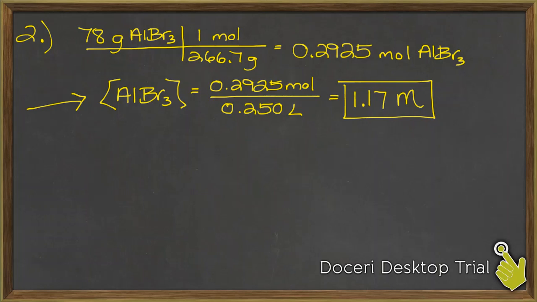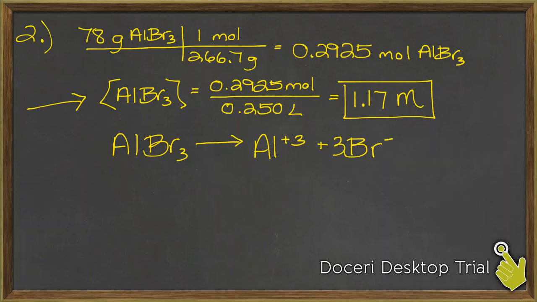Now that is the molarity of the whole compound, but the question asked, what are the molarities of the individual ions? And we're going to talk a little bit more about this in our next unit, but this is what happens when this solute dissolves. It breaks into its ions. Now that reaction right in front of us is not balanced, so I need to put a 3 right there to make sure it's balanced.